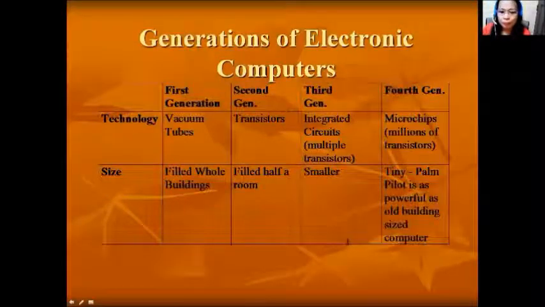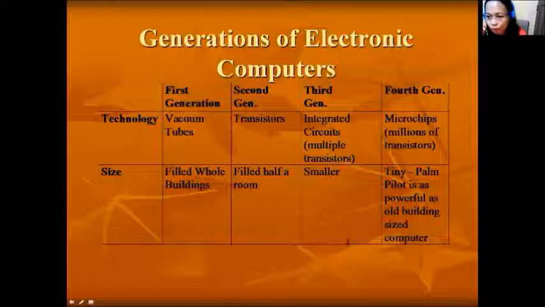So next, to summarize the generations of electronic computers, we have first generation, second generation, third generation, and fourth generation. For the first generation, we have the vacuum tubes. The second generation changed into transistors, and the third generation changed into integrated circuits, which are composed of multiple transistors. And the fourth generation is microchips, which are composed of millions of transistors.